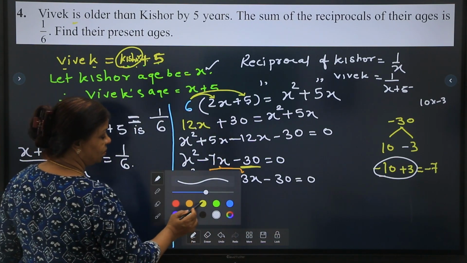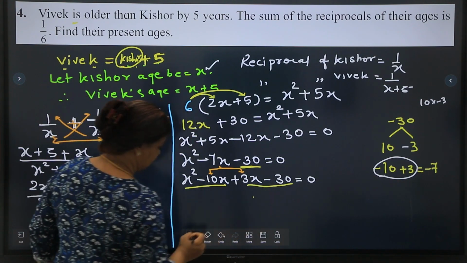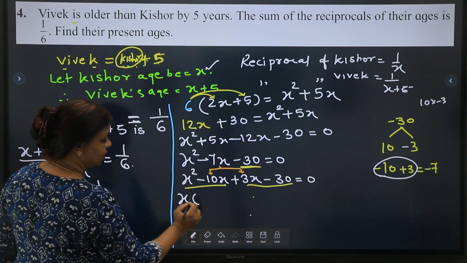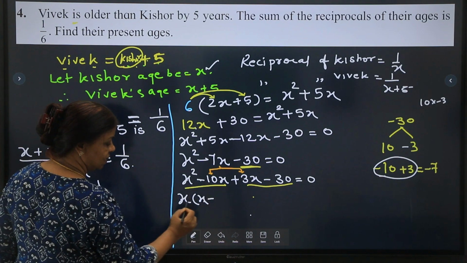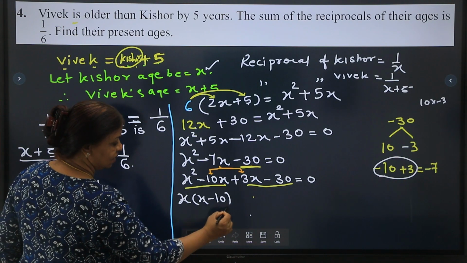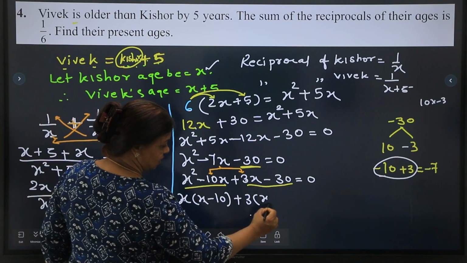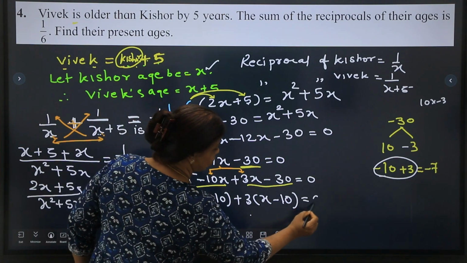Now take the first two terms and the other two terms. x into x will be x square, x is common, so minus 10 will be left inside, plus 3 into x minus 10, because 3 10s are 30, is equal to 0.